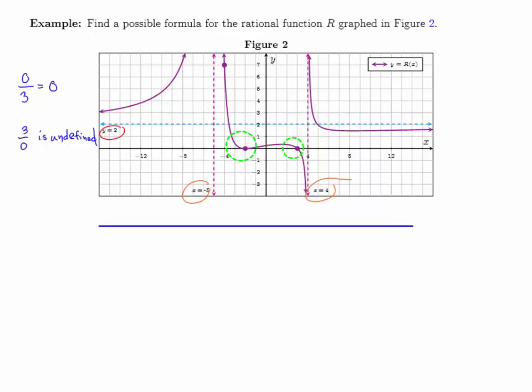And so we need to identify the zeros and the vertical asymptotes. And I'll put those in the same place. And we're going to want to look at the multiplicity.